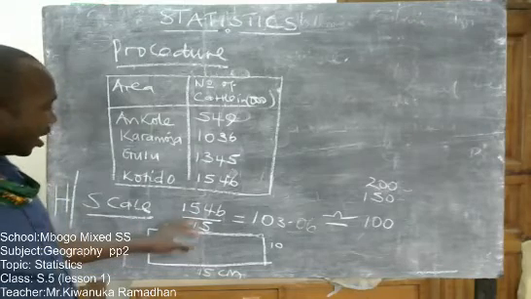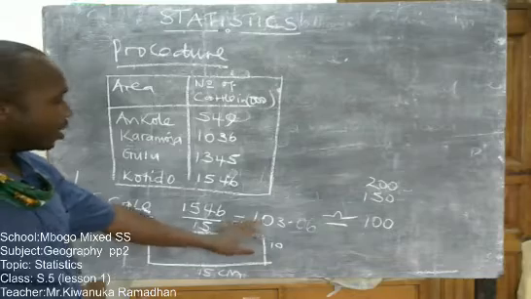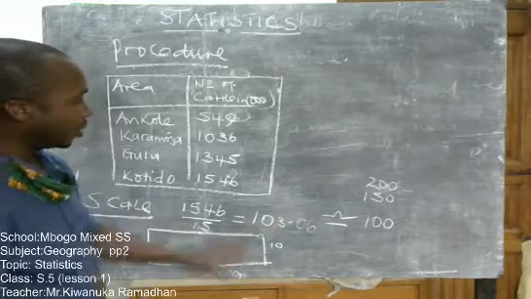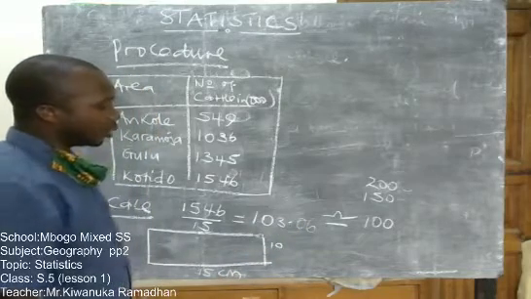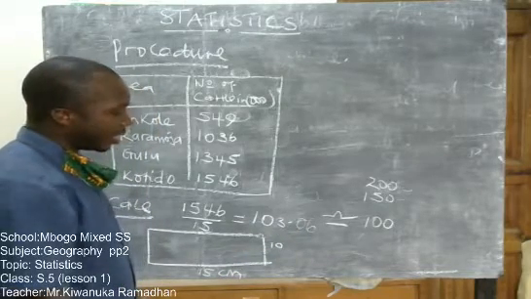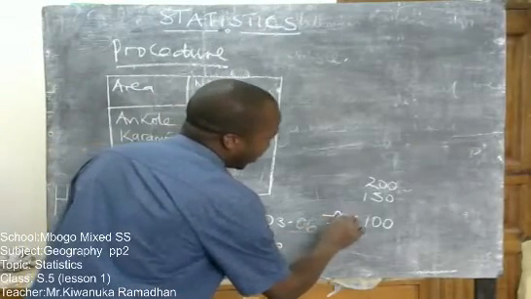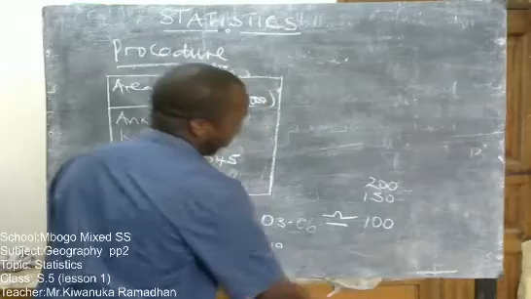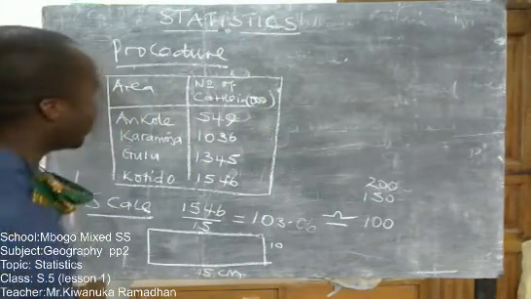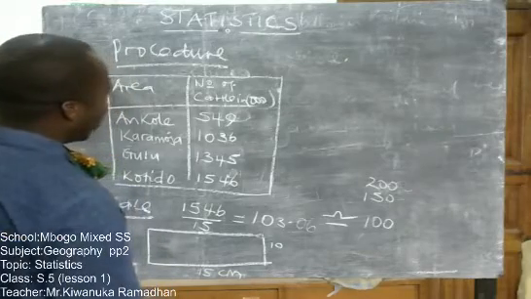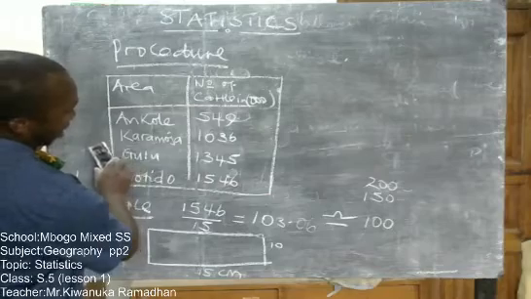And once you divide by 15, we are getting 103. So we want to remove this 3 because it is likely to confuse us when drawing the rectangle. That's why we are adjusting to 100. So we are going to draw our rectangle.